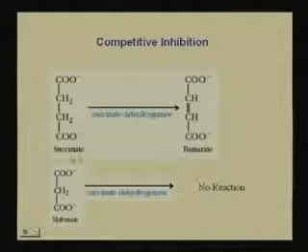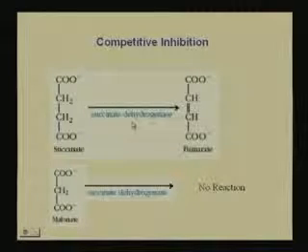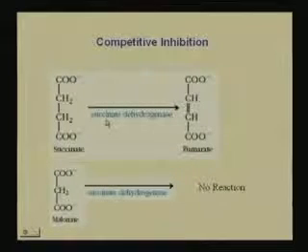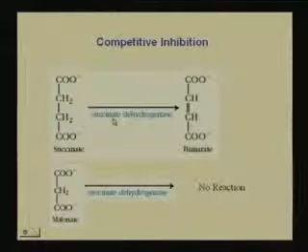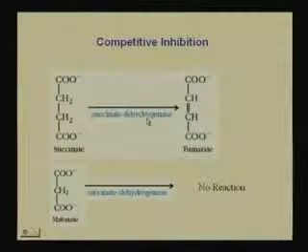So, here is succinate, here are the hydrogens, and it is going to form the double bond. If I tell you there is a specific enzyme called succinate dehydrogenase, what reaction is it going to work on? Obviously, it works only on succinate and removes the hydrogens to form a double bond here.